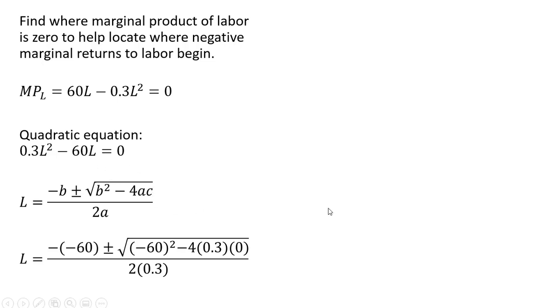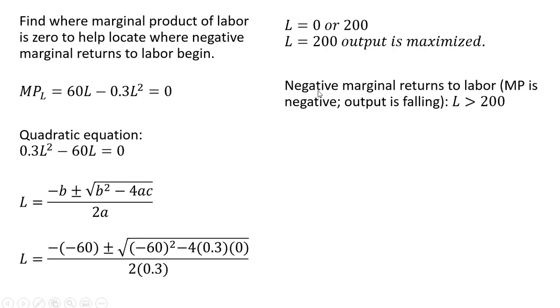There is no constant here. And then simplifying this, L equals 0 or 200. We can ignore the 0. At L equals 200, output is going to be maximized. And therefore, negative marginal returns to labor, where marginal product is negative and output is falling from hiring more workers, is going to occur when we hire beyond 200 workers.